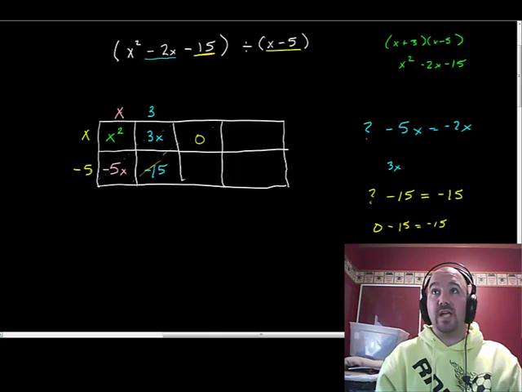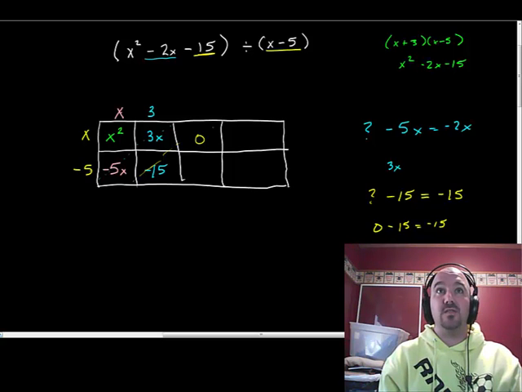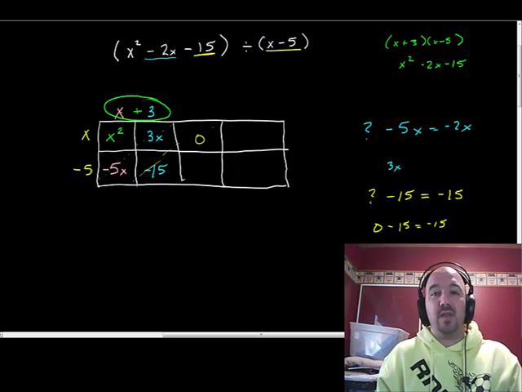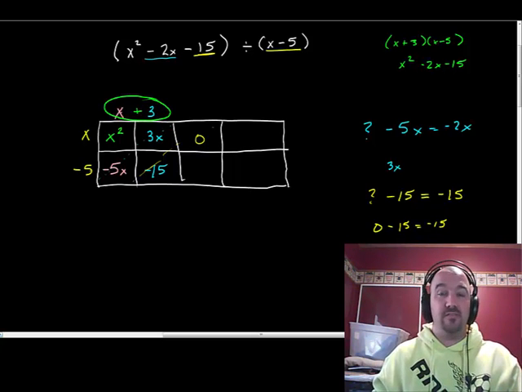And so x minus 5 divides x squared minus 2x minus 15, and your answer is x plus 3. That positive sign, by the way, was there because it was really positive 3 times x is plus 3x. That's why. And so you can use this particular method on any level of polynomials.